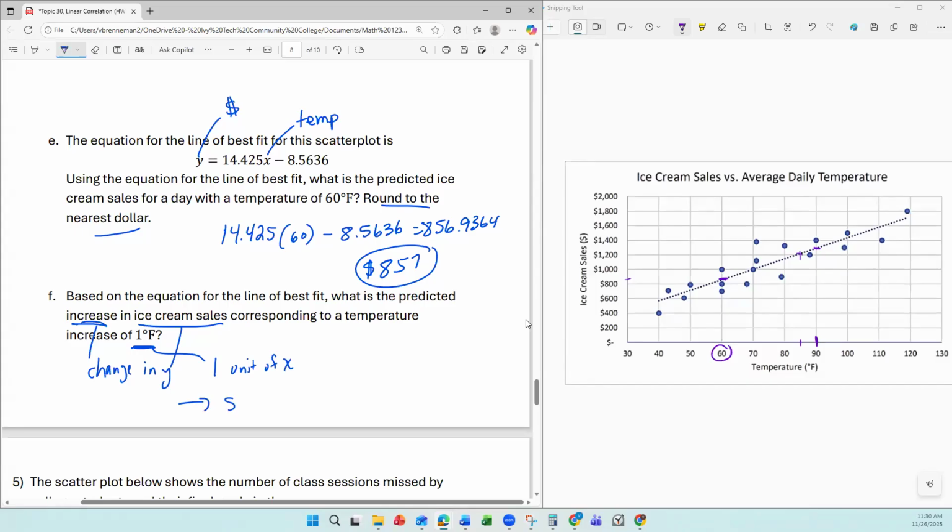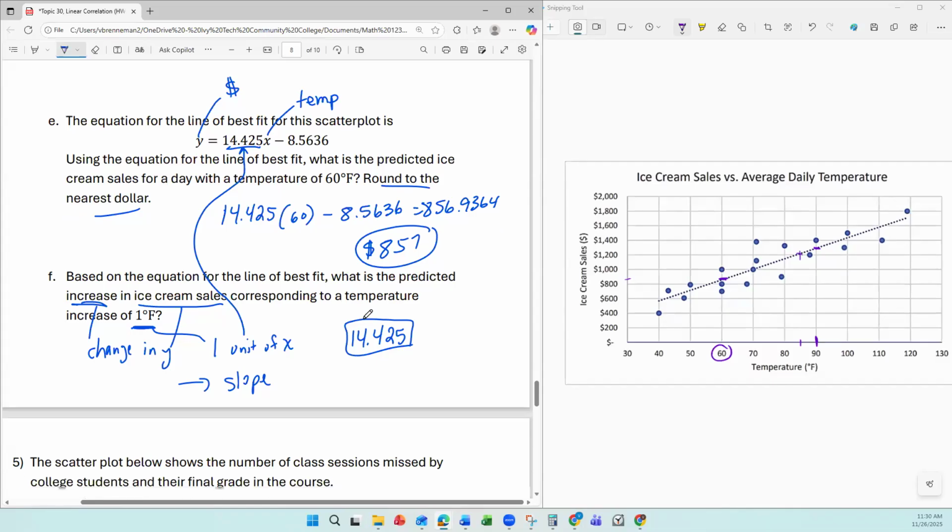This is asking for the slope, which is the number next to x in the equation. Similar to previous topics in this unit, it's about recognizing when you're being asked for the slope, not doing any calculations.